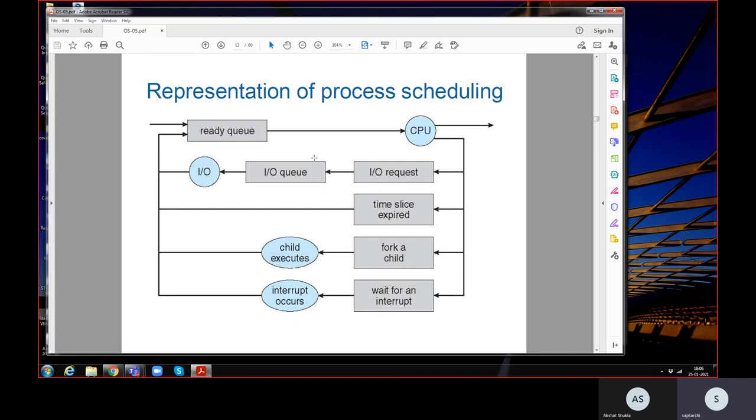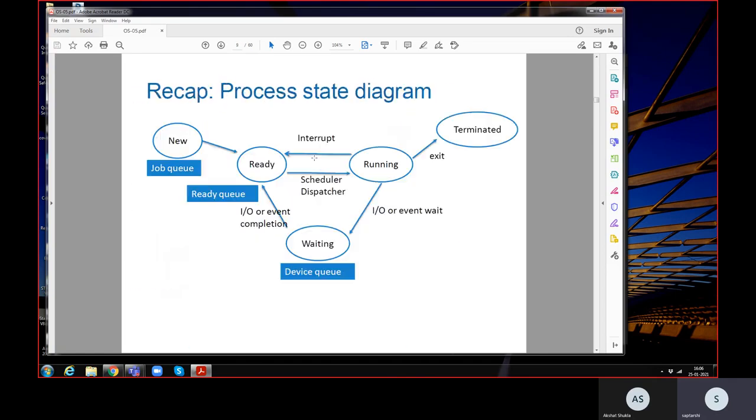One way we have discussed earlier is the process state transition diagram. There we talked about the ready queue, and states like new, ready, waiting, running, etc. Right? So if I just go back, this picture, yes, like new, ready, waiting, running, etc.